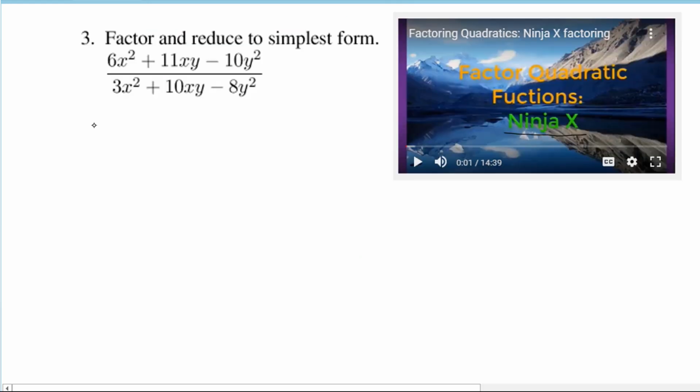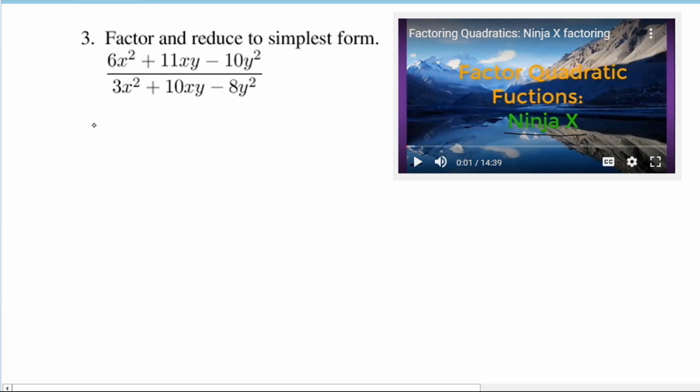Let's look at number 3. Factor and reduce to simplest form. You could see this is a rational expression. We need to factor this quadratic function. I made a video on factoring quadratic functions by NinjaX.